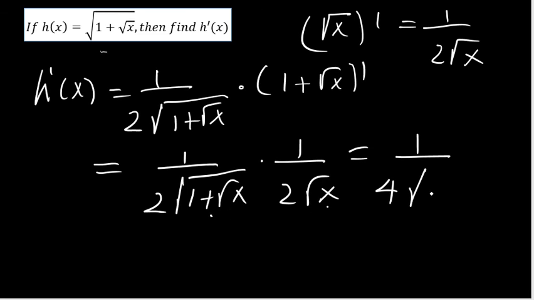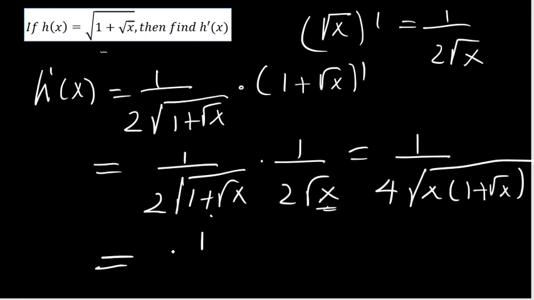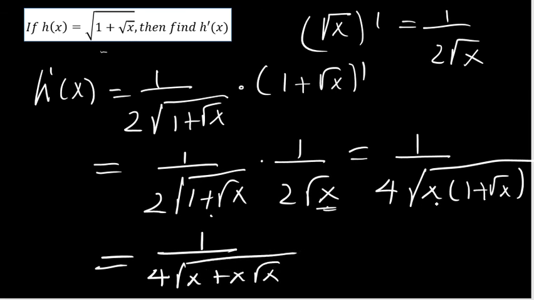So x times 1 plus root x, because this is in the radical, the other also in the radical. So finally, when you simplify it, it's going to be 1 over 4 radical x plus x root x. We can multiply x by each of them. So finally, the answer will be 1 over 4 radical of x plus root x.